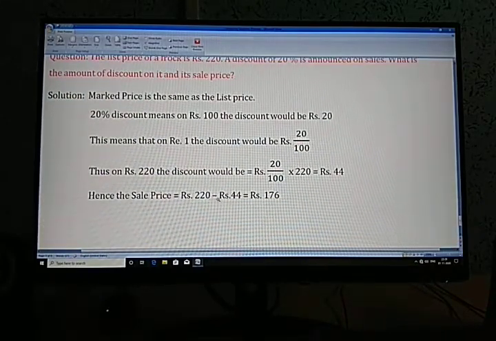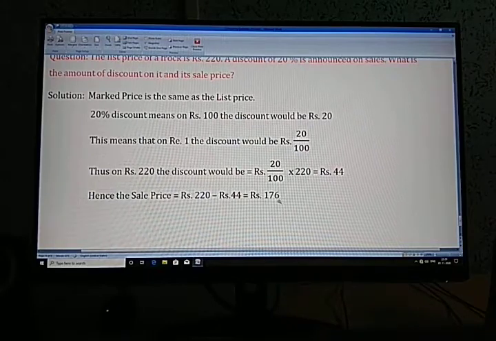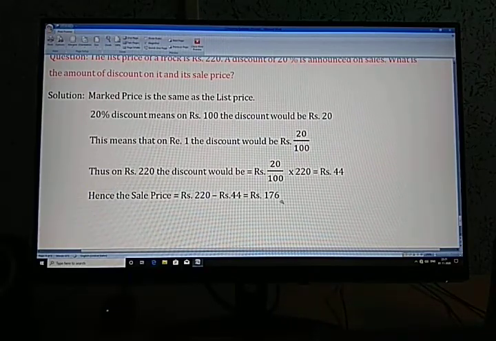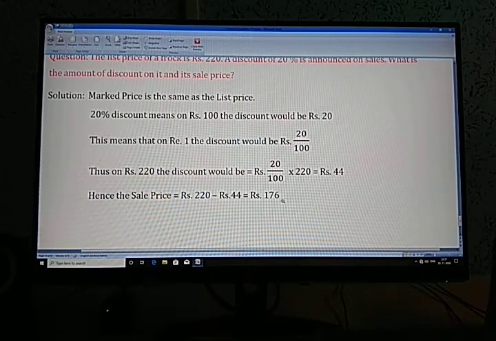Sale price will be marked price minus discount, which gives us 176 rupees.